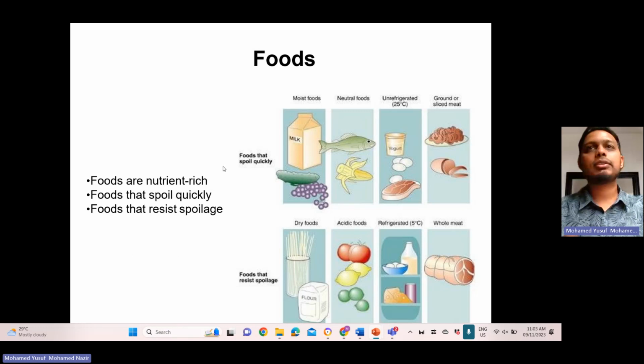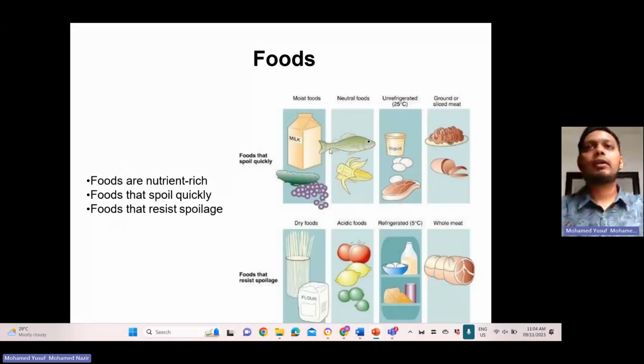Among the food that we normally see, there are food that can spoil quickly, and there are also food that can last longer. Why is that happening? It mostly refers to the condition or the characteristic of the food itself. From this characteristic, we will reflect to the extrinsic and also intrinsic factors that affect the growth of the microbe.